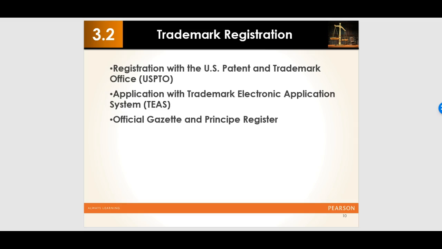This electronic application system is called TEAS, the Trademark Electronic Application System, and you can do it yourself. You don't need to hire a trademark agent or an attorney. No, you can do it yourself.